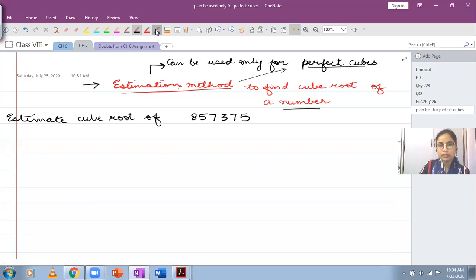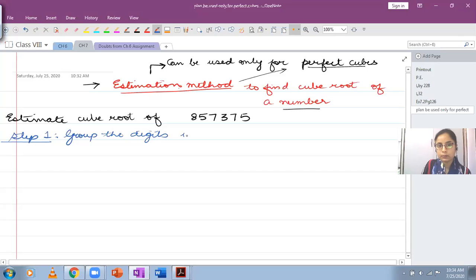So I'll just do it step by step. Step 1 will be to group your digits into triplets starting from the ones place. So group the digits into triplets, and you have to start from the ones place.